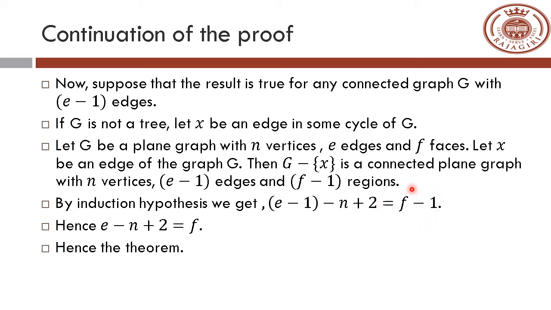Therefore, using this relation, if the minus 1 is cancelled on both sides, you get the formula e - n + 2 = f, which is the formula given in Euler's theorem. Hence, the proof of the theorem. That means we proved the theorem using the induction method. Therefore, if you are given a planar graph with e edges, n vertices and f faces, then e - n + 2 = f will be satisfied.